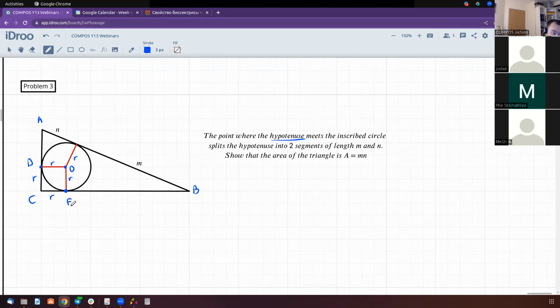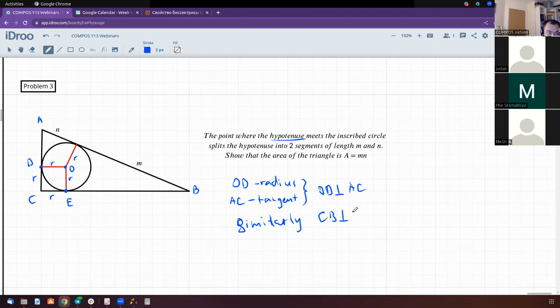D and E. OD is the radius, and AC is the tangent. Therefore, OD is perpendicular to AC. Now, similarly, CB is perpendicular to OE.